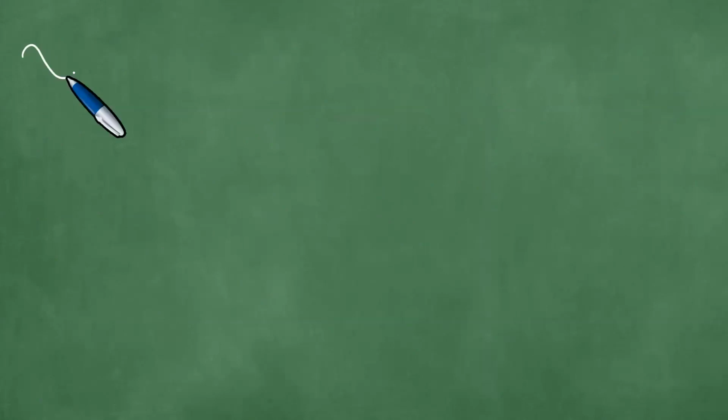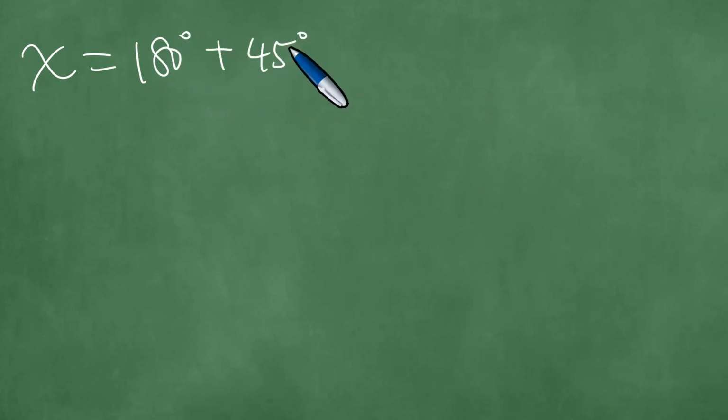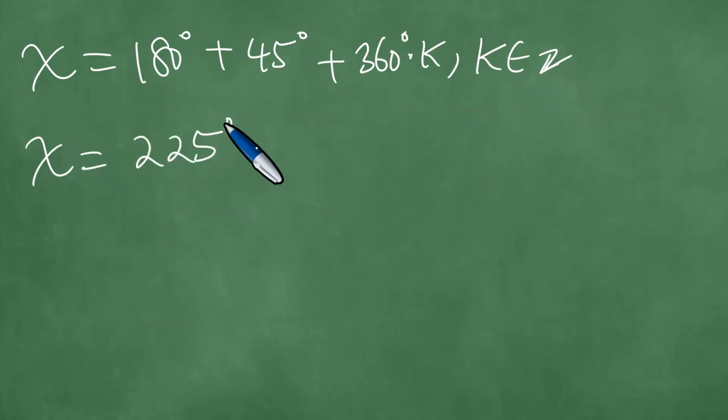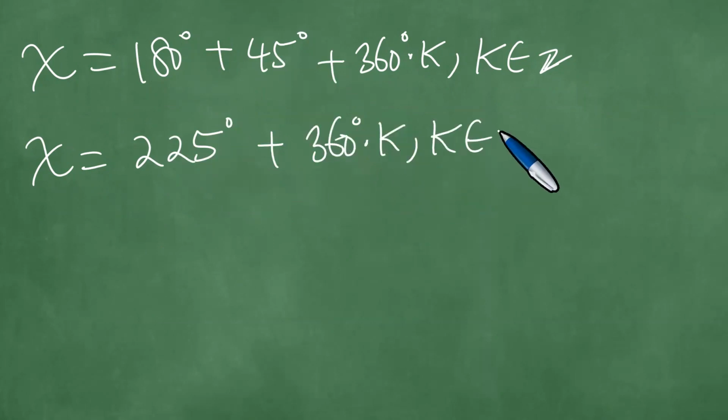So x equals 180 degrees plus 45 degrees plus 360 degrees by k, which means x is 225 degrees plus 360 degrees by k, where k is in Z.